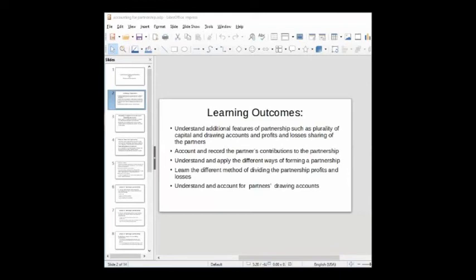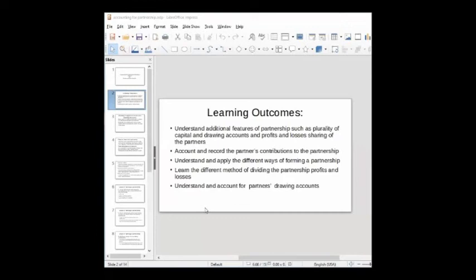So our learning objectives are for you to be able to understand additional features of partnership, such as plurality of capital and drawing accounts, and profits and losses sharing of the partners.